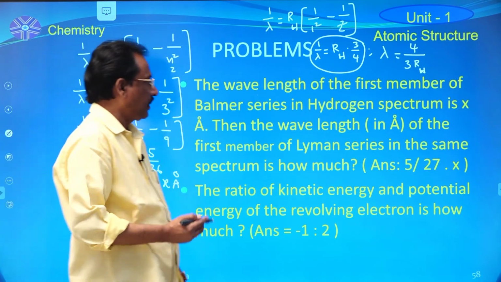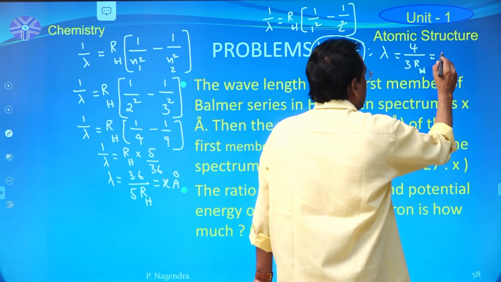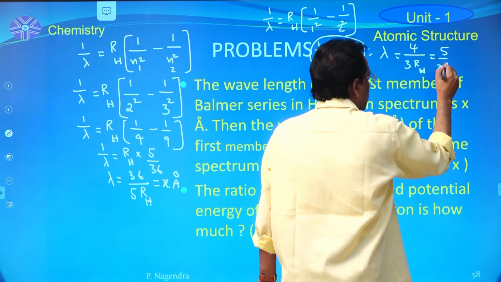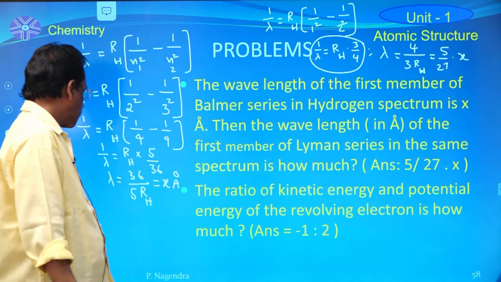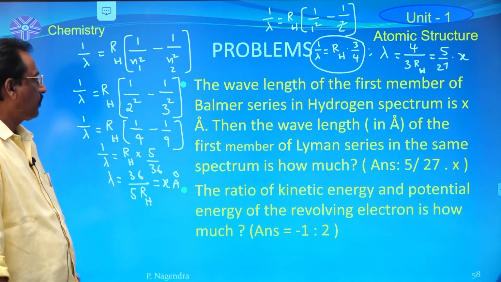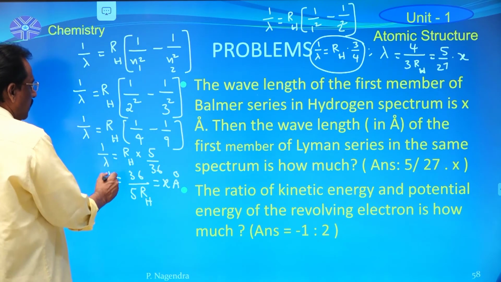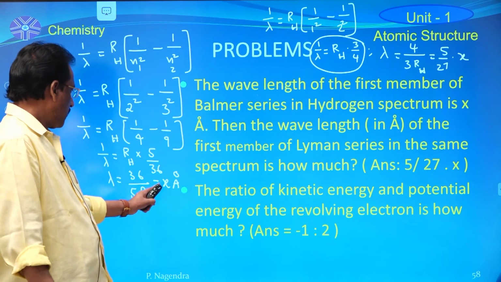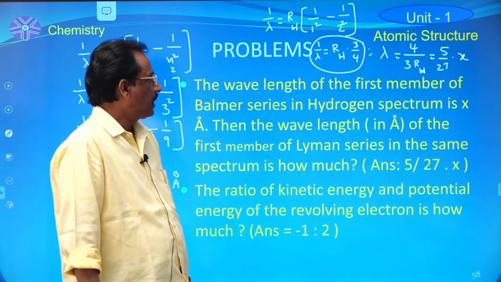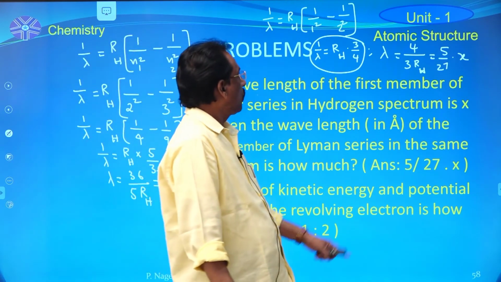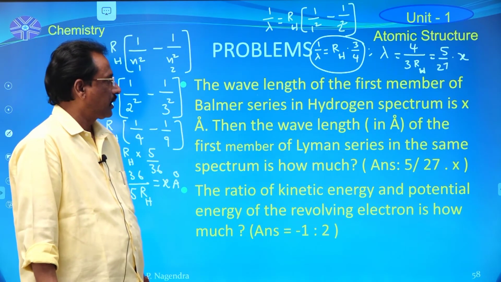This is nothing but 5 by 27 into X, because X is equal to 36 divided by 5 into RH. In the case of the Lyman series, the actual answer is 4 by 3 into RH.